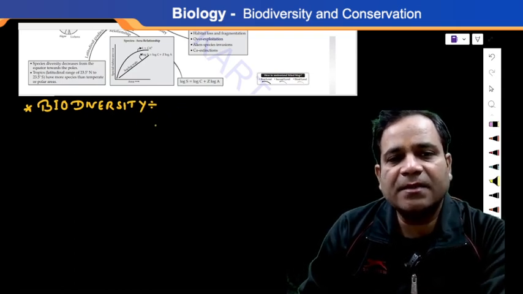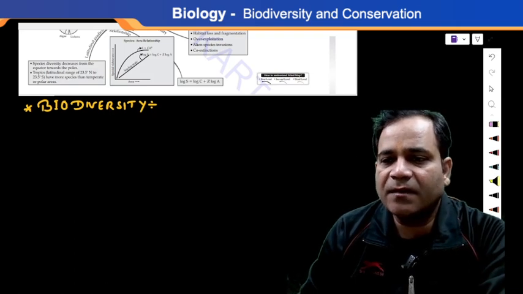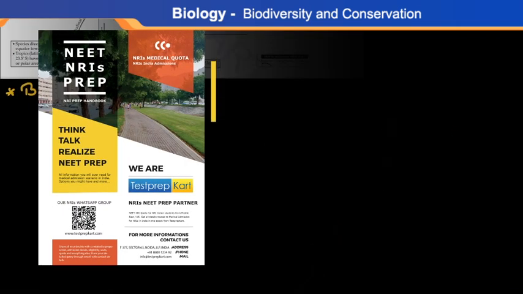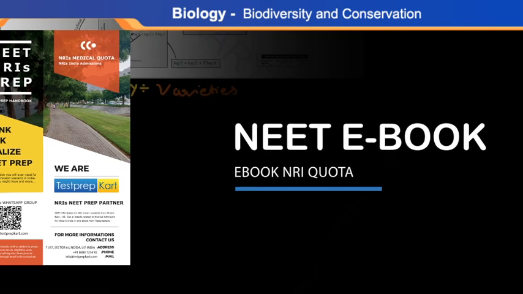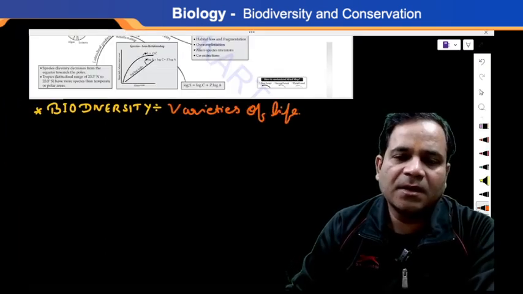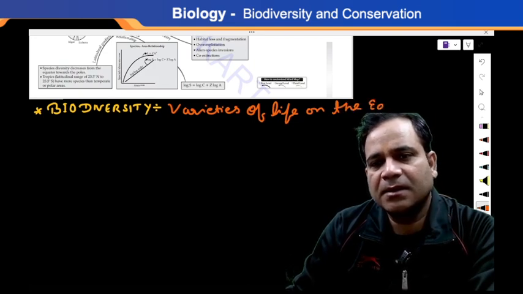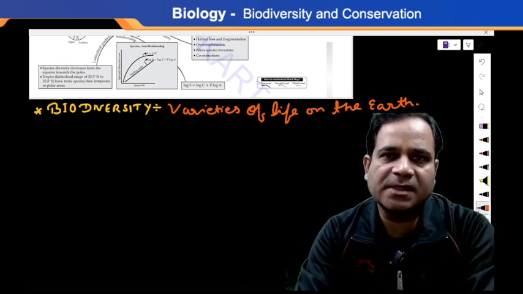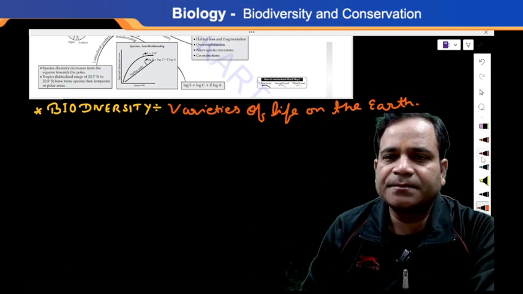In biodiversity, we understand that biodiversity means the varieties of life on the earth. The varieties of life on the earth is known as biodiversity. Number one.